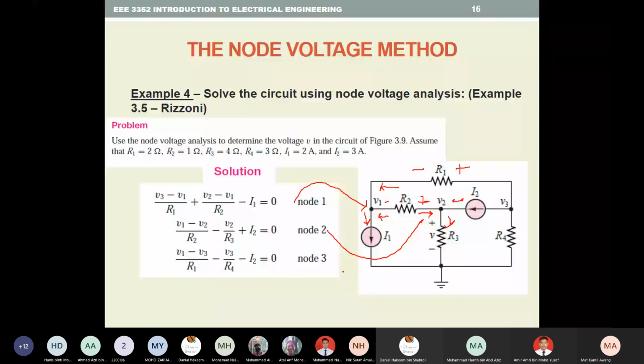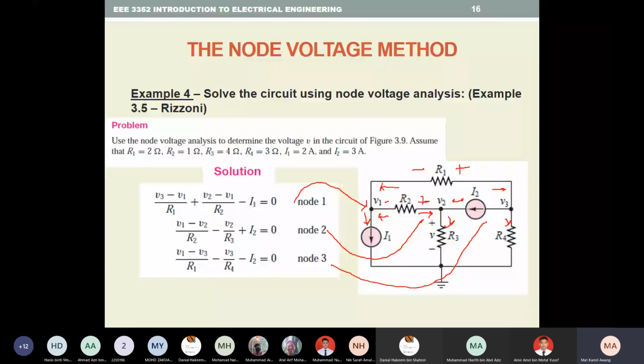And this one, consider it as going this way. So V1 minus V3 divided by R1, going out, V3 over R4, this is going out, minus I2 equal to 0.